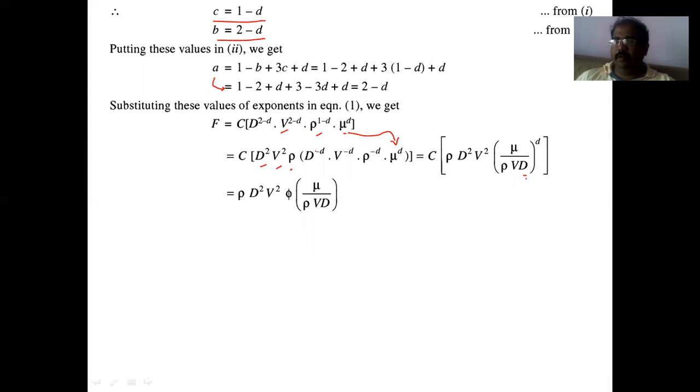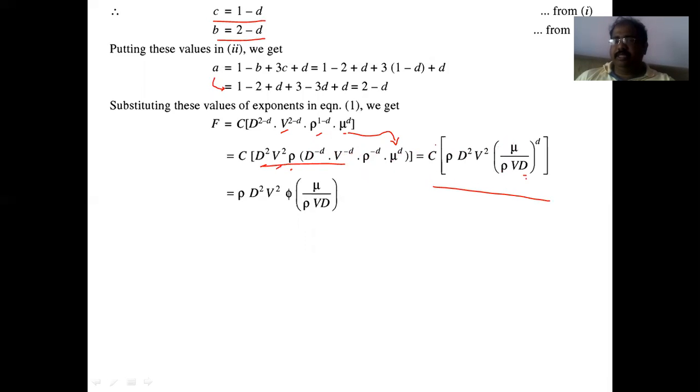So this will be the easy way through which you get the correct answer. What we have left is D raised to power minus D, V raised to power minus D, rho raised to power minus D, and mu raised to power D, and we write this equation in this form.